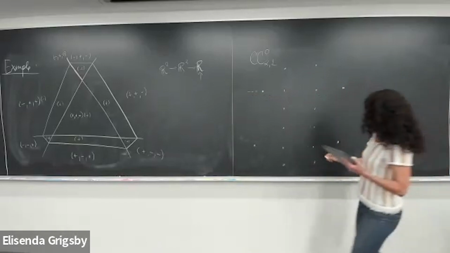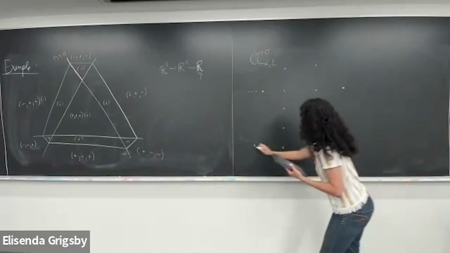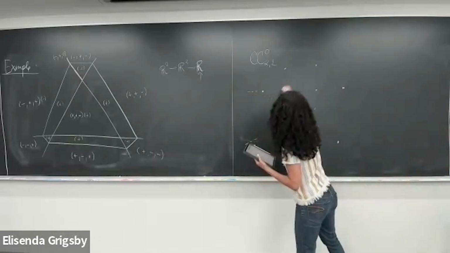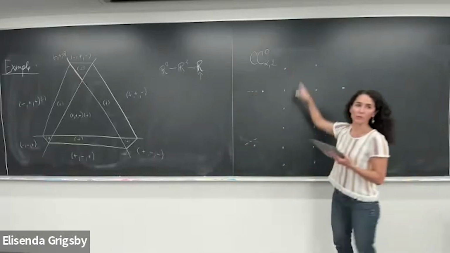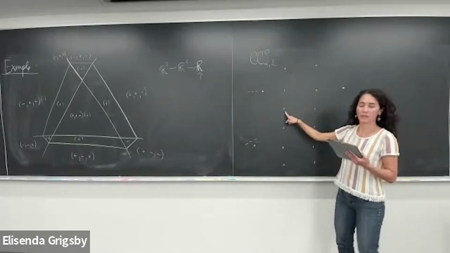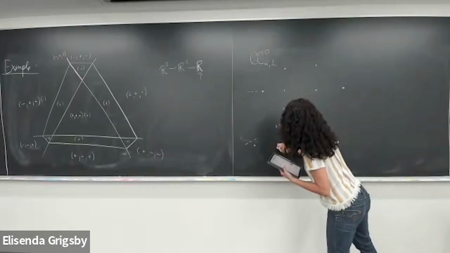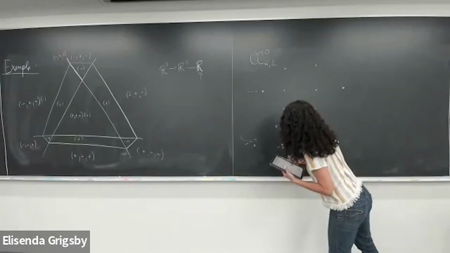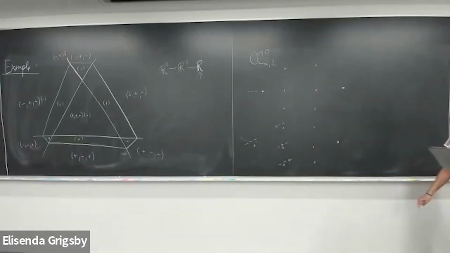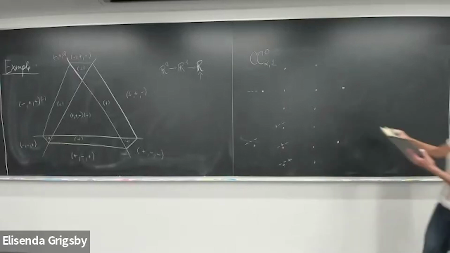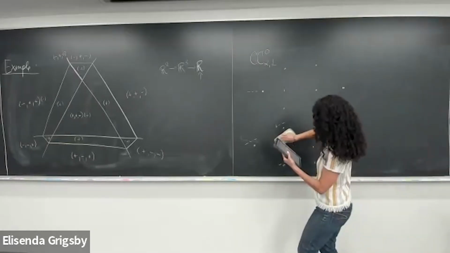And so these are all the ones that have 1 plus 1. So like plus, minus, minus, minus, plus, minus, minus, minus, etc. Oh, actually, I should probably label them the same way I have on my page, so I get confused.